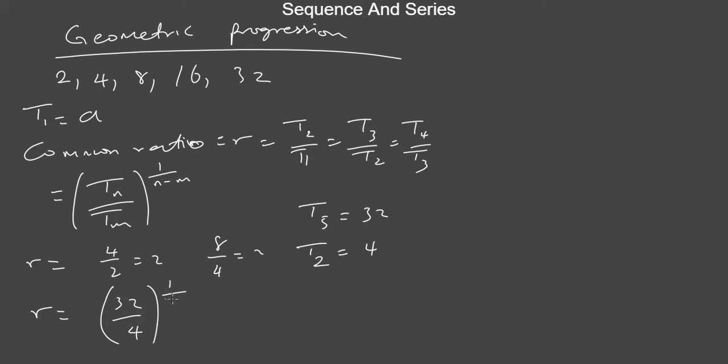This is the fifth term, right? Then what term is this? This is minus the second term. So if you divide this, you're going to get 8 raised to the power of 1 over 3. And you can easily solve for this by just saying 2 raised to the power of 3 times 1 over 3, then 3 cancels out 3, then the answer is 2. So you can easily get the common ratio given any two terms, without going through any complicated process.